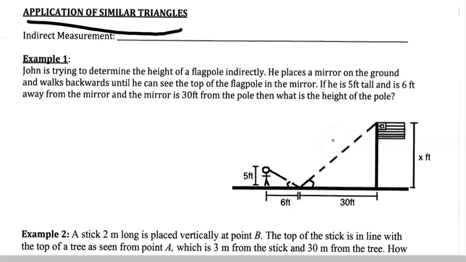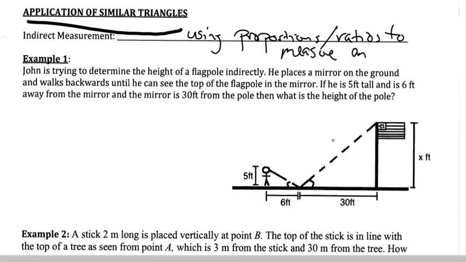Indirect measurement is using proportions, usually proportions or ratios, to measure an object. So you probably remember using SOHCAHTOA trig ratios in Algebra 1 and also in Heinz's class.